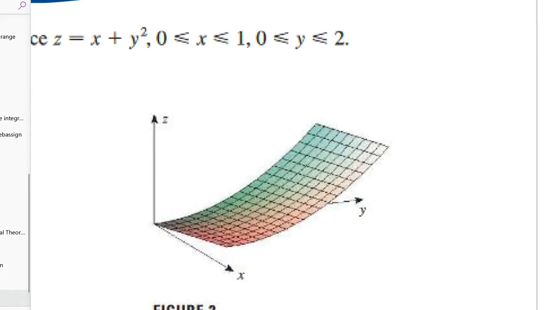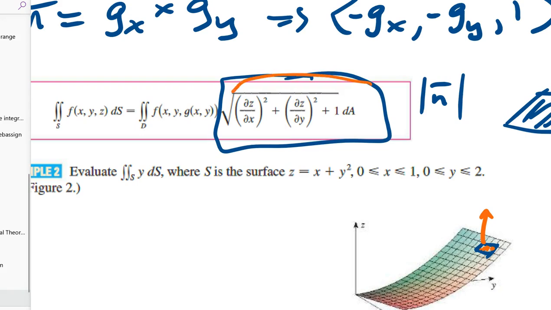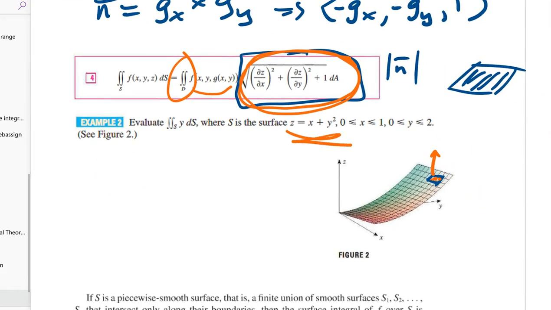So if this is your surface, your little tangent plane piece is going to be approximated using an n vector, which gives you the area of that tangent plane. So here's the area of your surface piece, times your function values, and this will give you your surface integral. Okay, so this example walks through that using that new formula.